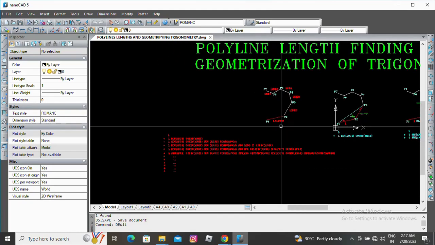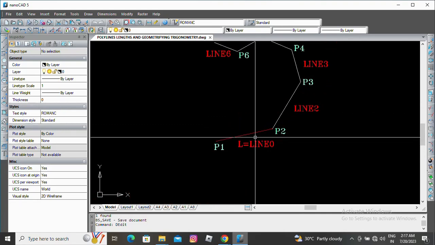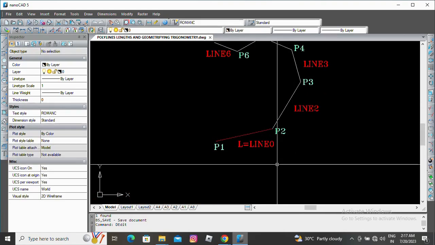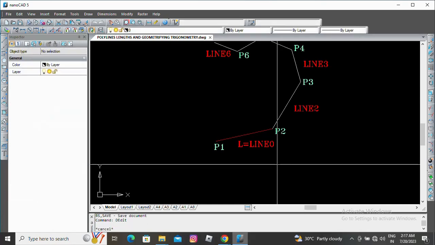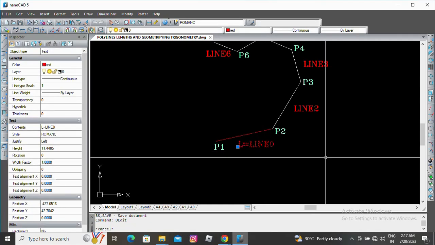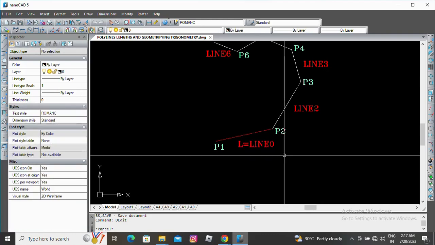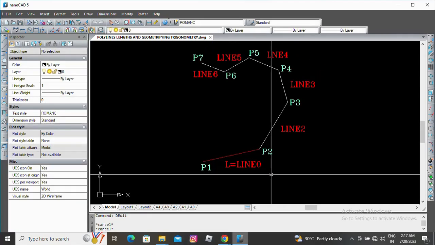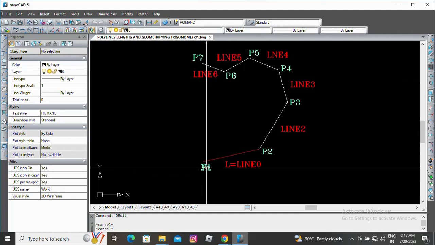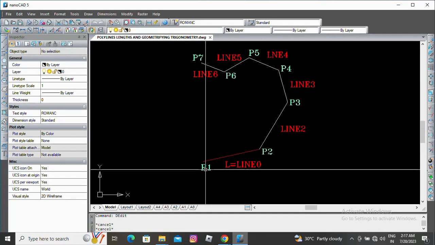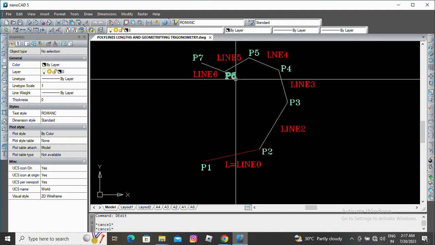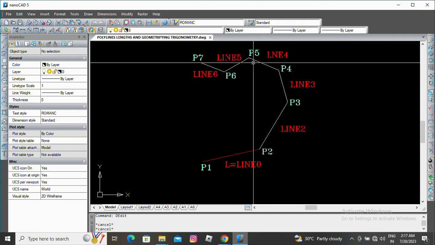The initial line segment is always taken as L, that is the line 0. In geometrifying trigonometry, the initial line segment is always taken as the line L, capital L, that is the convention. Suppose this is a polyline and the points are like this: P1, P2, P3, these are the nodes, P1, P2, P3, P4, P5, P6, and in this way it is growing.